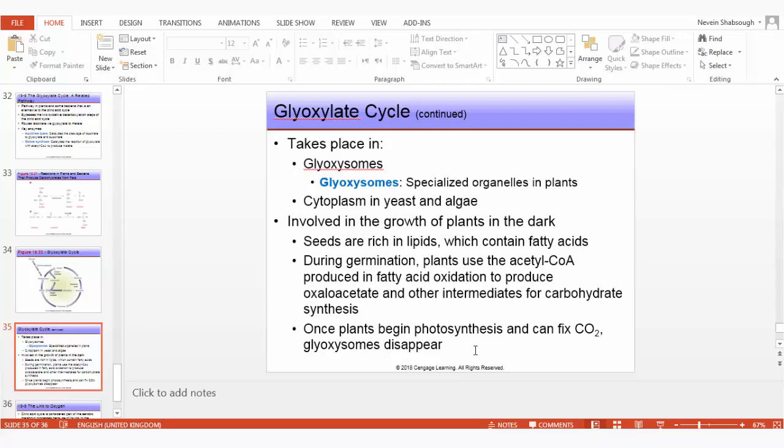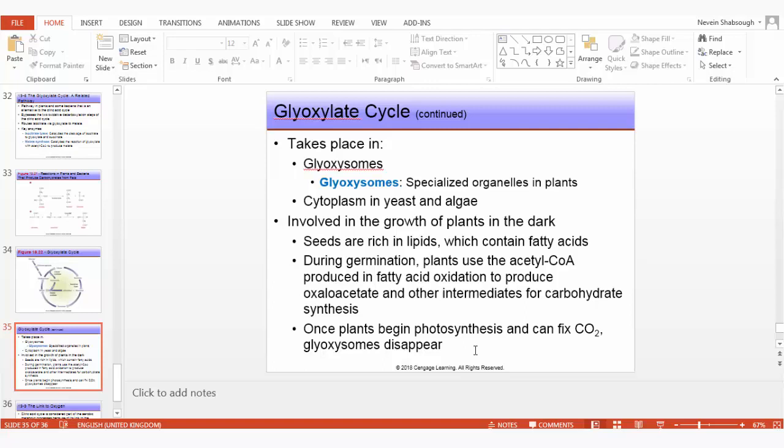Now, the citric acid and the glyoxylate cycles can operate at the same time. In addition, acetyl-CoA can serve as the starting point of synthesis of glucose and any other compounds needed by the growing seedlings.